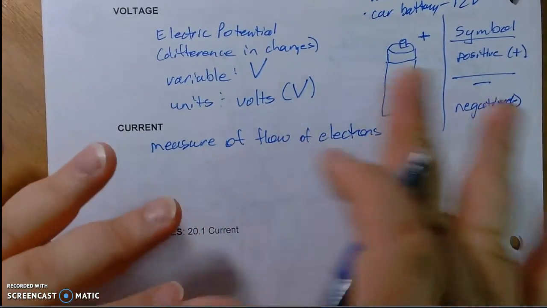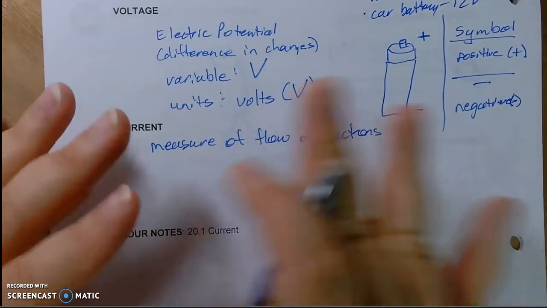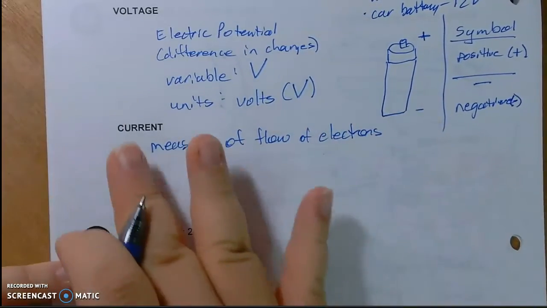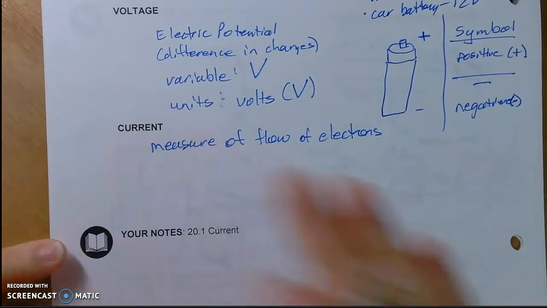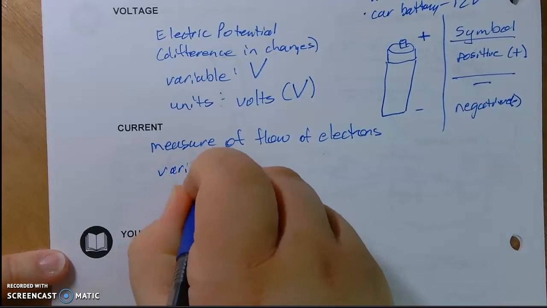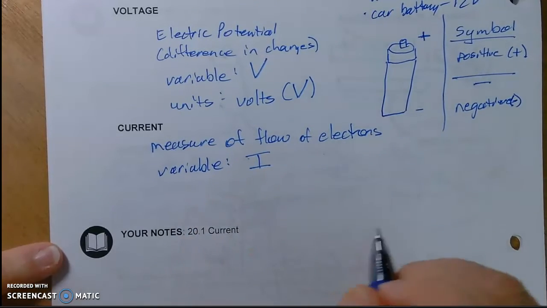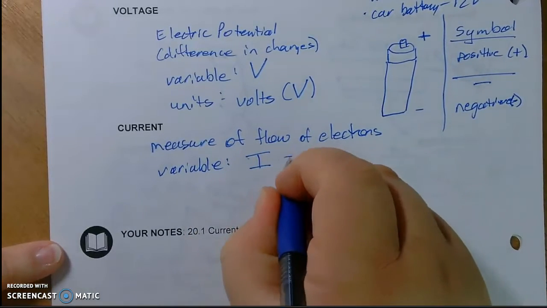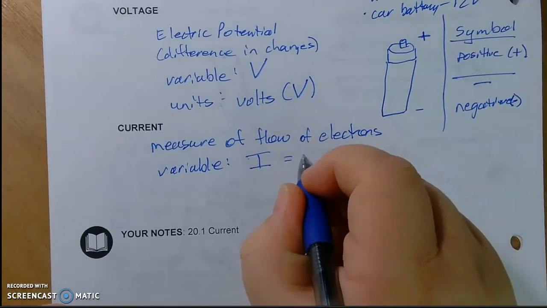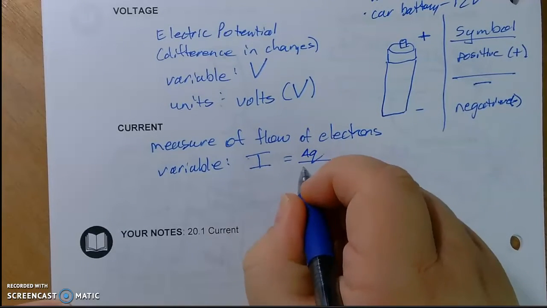It's not like we have to fill up the circuit with electrons already there. We just have to get them moving so that we have a current. Once we get them moving, we have a current. Let's see, the variable for current is capital I. I don't know why. It is technically, for those that are in calculus or going that way, the change in charge over the change in time.